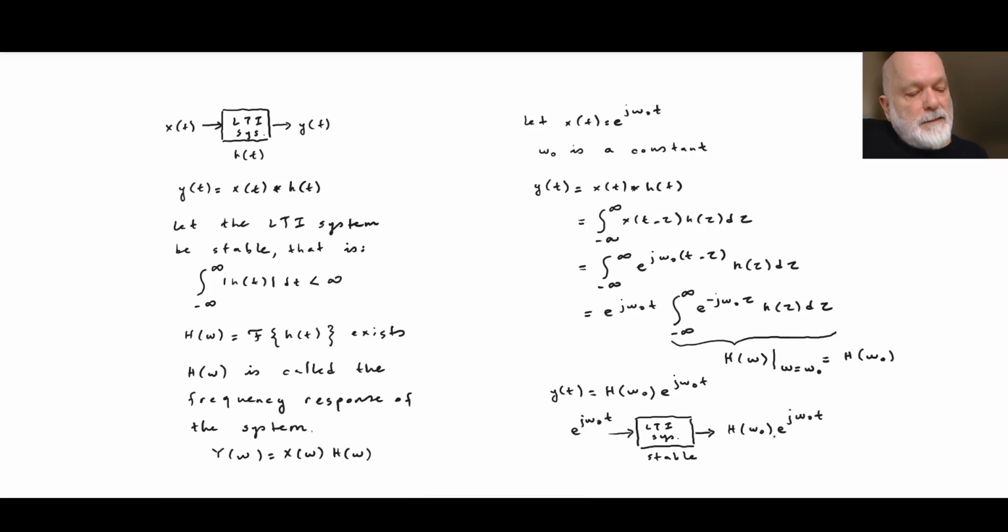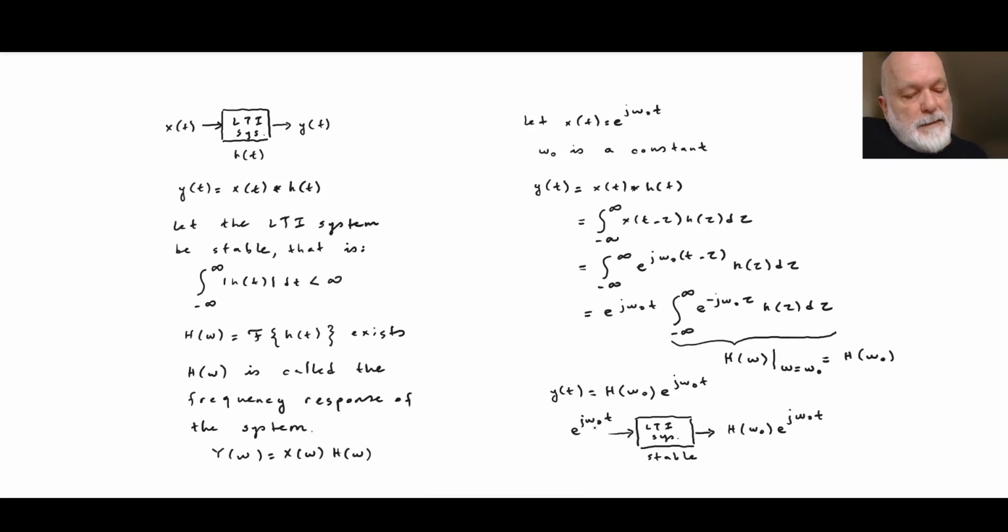The signal occurs at the output, but it is only multiplied by a constant. This constant is of course a complex constant, meaning that the magnitude of the input signal is modified, and we have the phase term occurring at the output. So we have a change in magnitude and in phase.